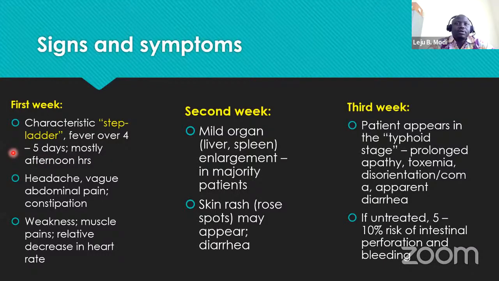This means for the first day, maybe you are feeling a bit feverish. The second day, it is increasing. The third day, until by the time it reaches the 5th day, the fever is so high. So it's climbing in steps. That's typically a typhoid kind of fever.